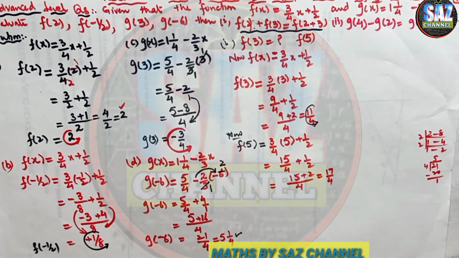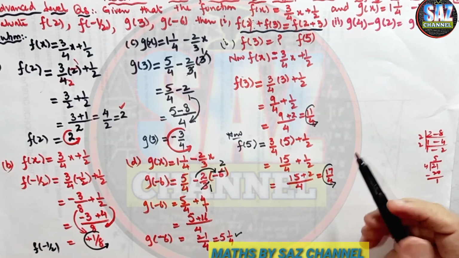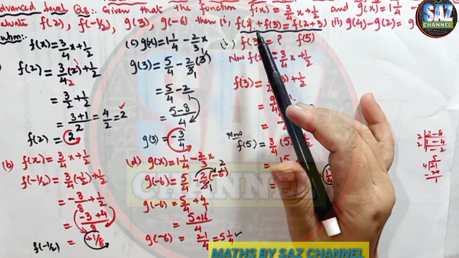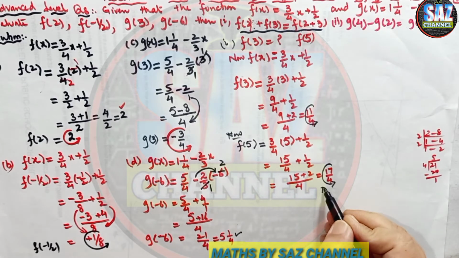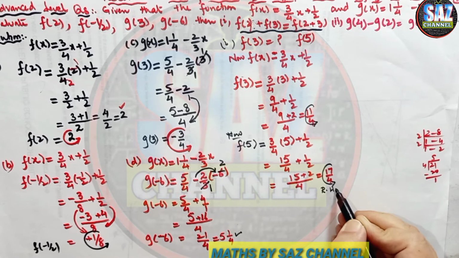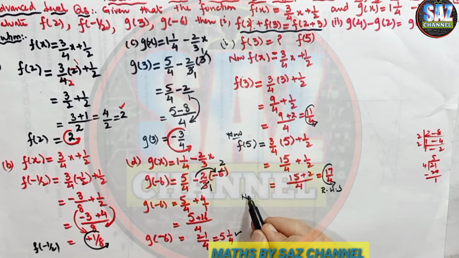Now again block the answer. Finally, first I have the answer of the right hand side, and now I have to evaluate f of 2 plus f of 3.